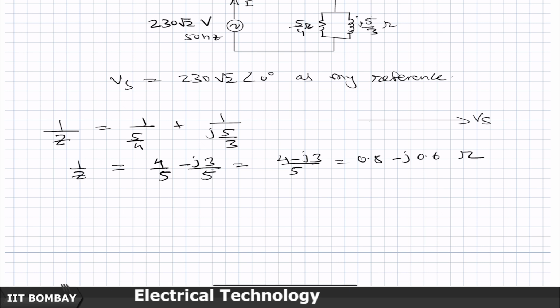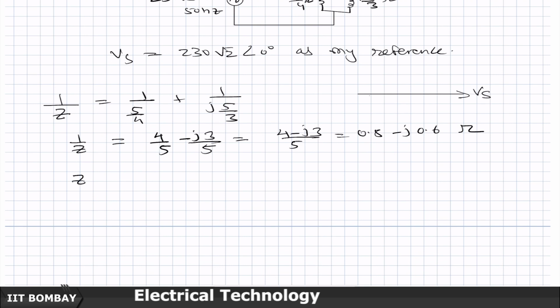So, this is my 1 by Z, and the Z is going to be equal to the reciprocal of 1 by Z. So, this is not ohms, 1 by Z will be in mhos, and the reciprocal of this is 1 by 0.8 minus j 0.6 ohms.